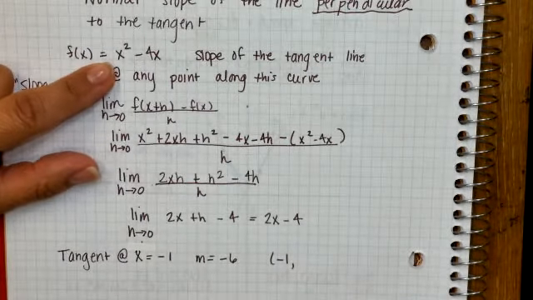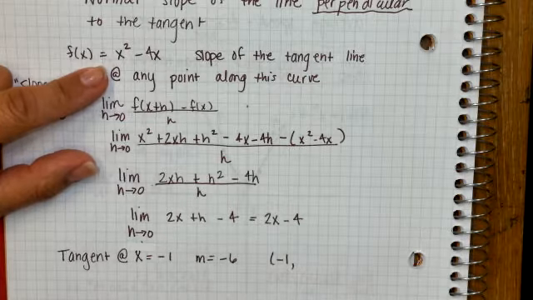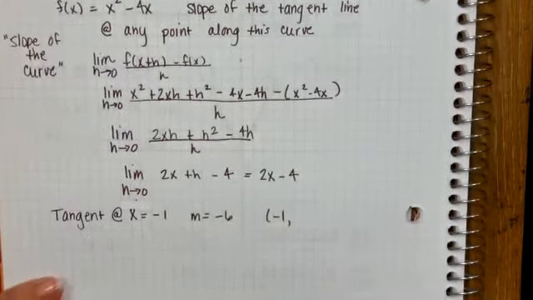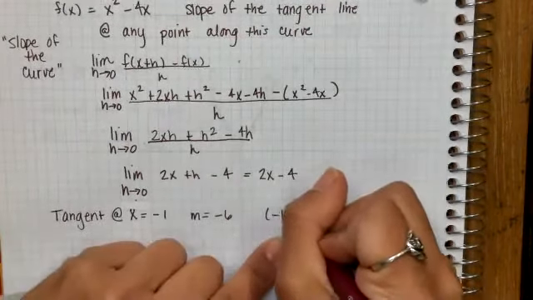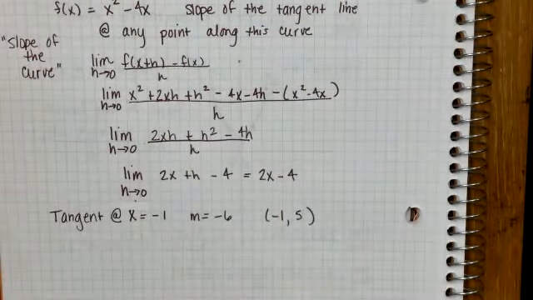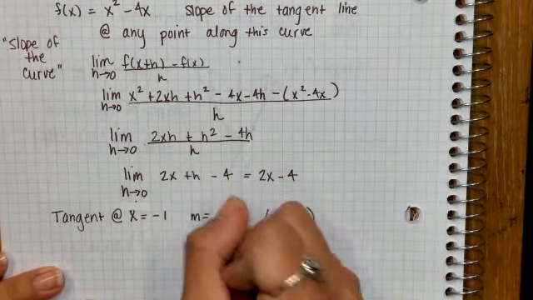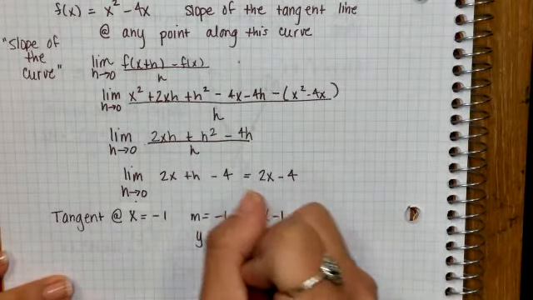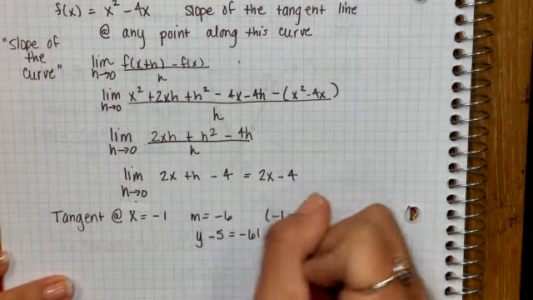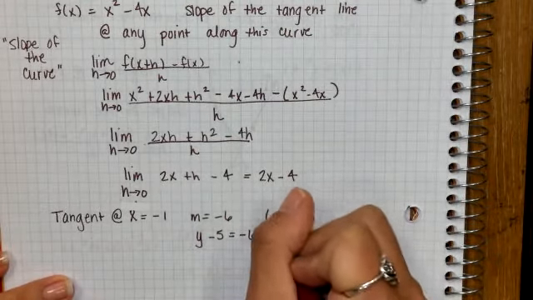Plug in -1, you get 1 plus 5, which is 6. So my line is y minus 5 equals -6 times x plus 1.